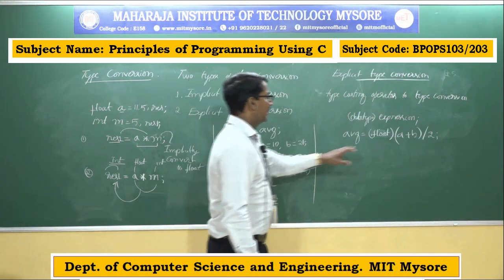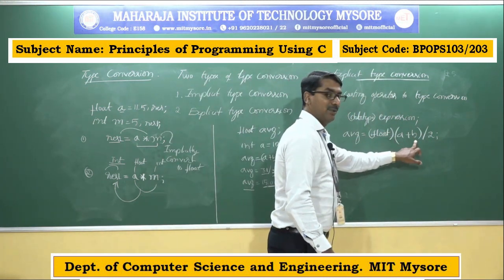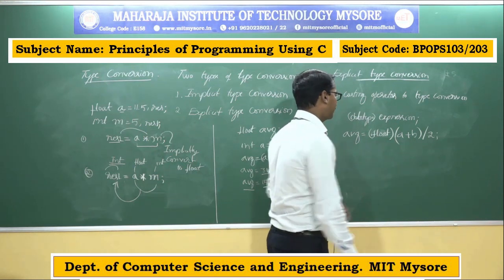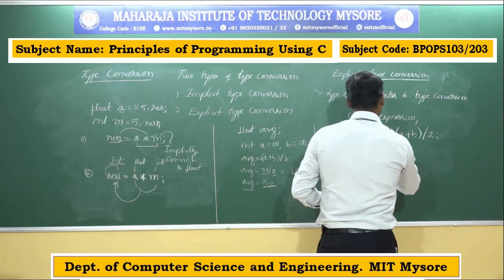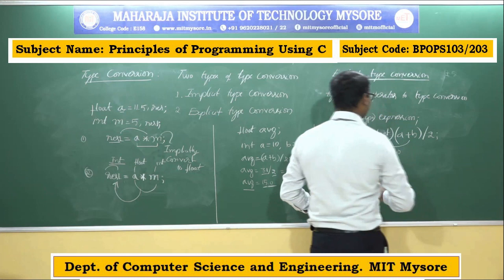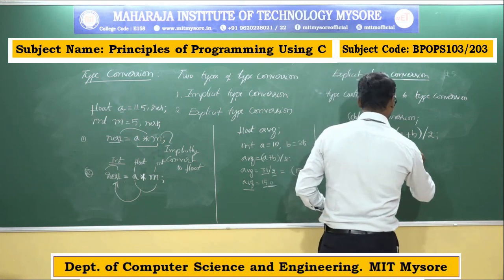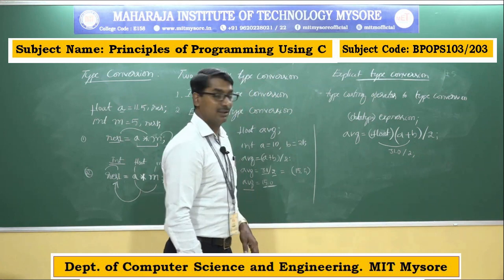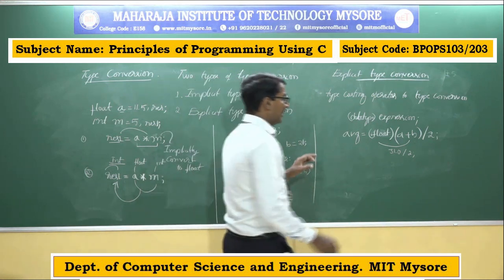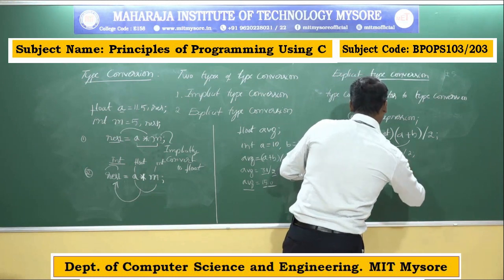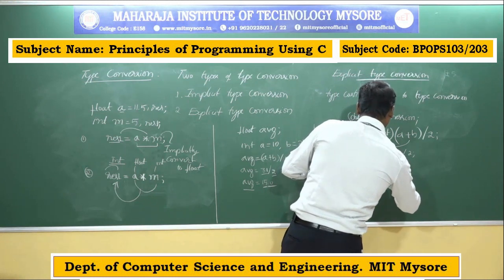Here the result of a plus b will be cast into floating point data type. After this conversion the result will be 31.0 divided by 2, so implicitly 2 will be converted into floating point.